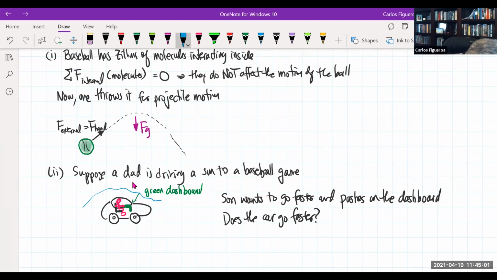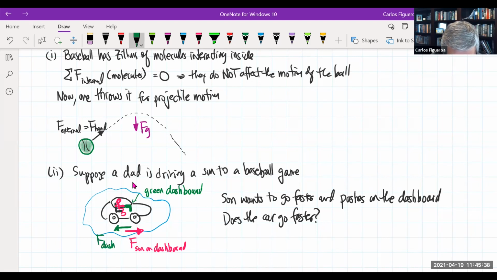Because look, this is my system. How many particles are in the system? Well, in this case, we have the car, the dad, and the son. So as the son pushes on the dashboard, right? So this would be the force of the son on the dashboard. The dashboard is going to have an equal and opposite force.